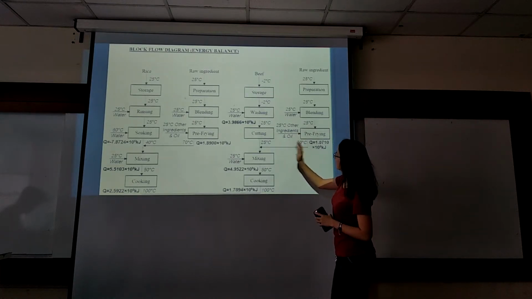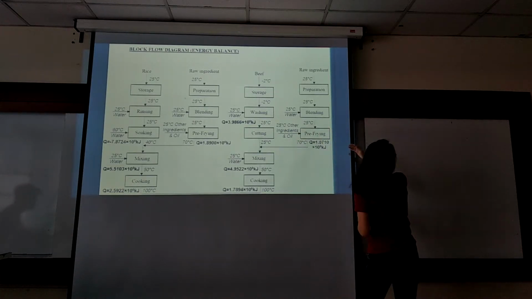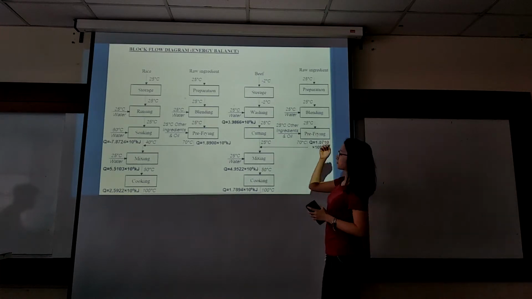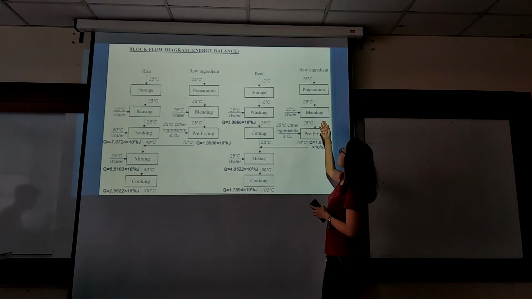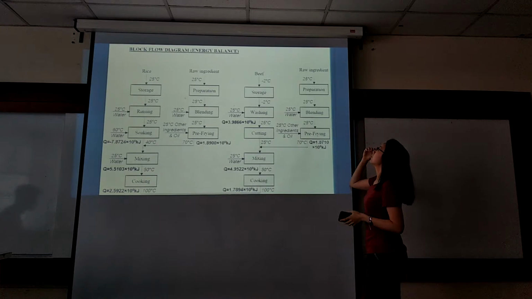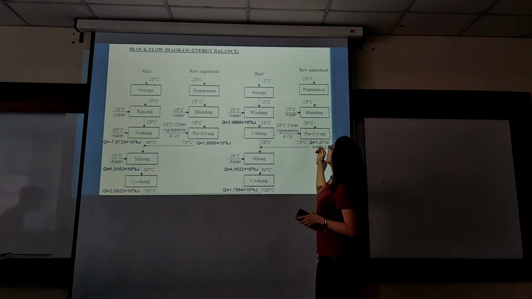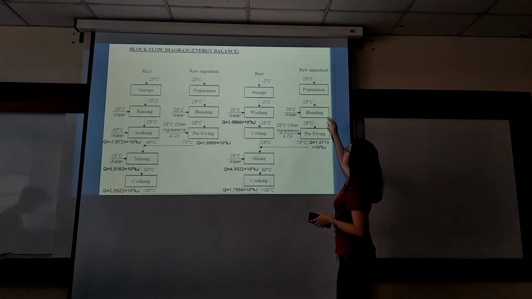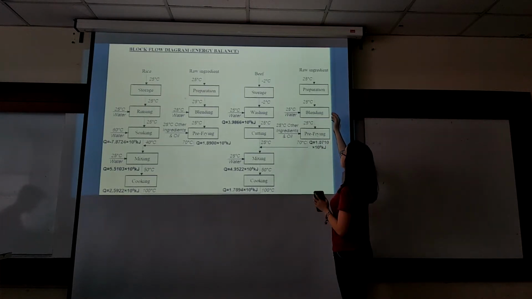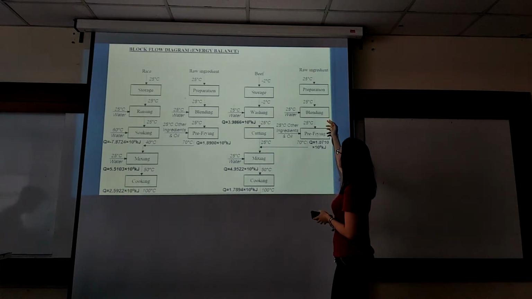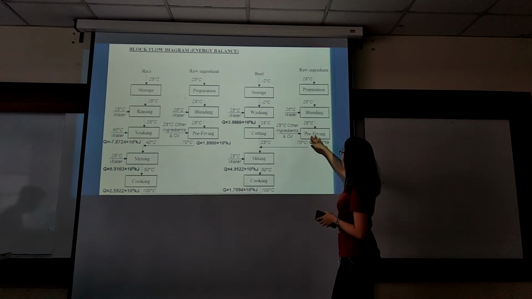At the same time, we also have the process of the raw ingredient. For the raw ingredient, we also enter at 25 degrees Celsius for preparation. So no energy is consumed because the temperature is the same, 25 degrees Celsius to 25 degrees Celsius, and then the same for blending, and then it undergoes pre-frying.